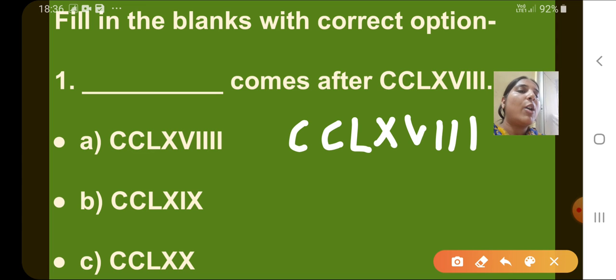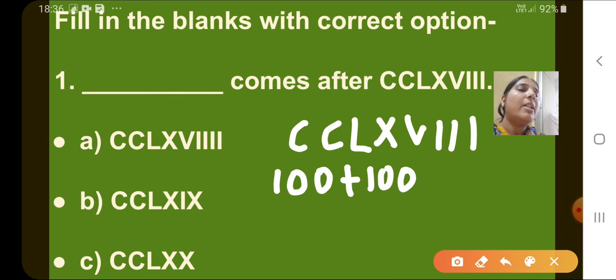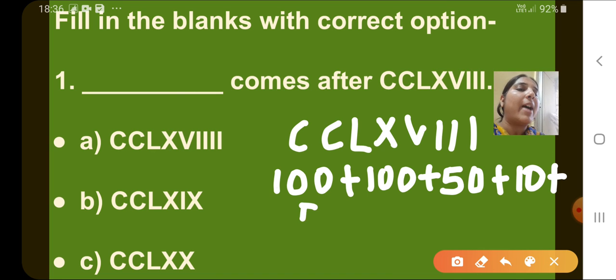So C stands for 100 here, plus again C means again 100, plus L. L stands for 50, plus X stands for 10, plus V stands for 5, and 3 I's means 3. Now let's add them together.